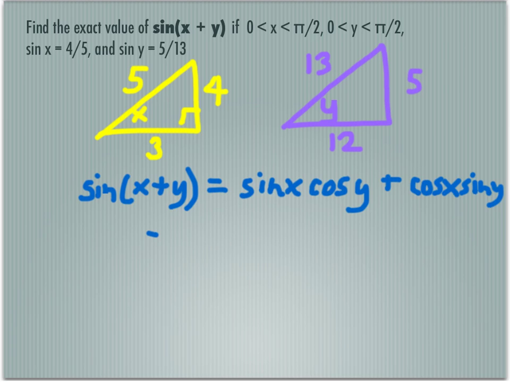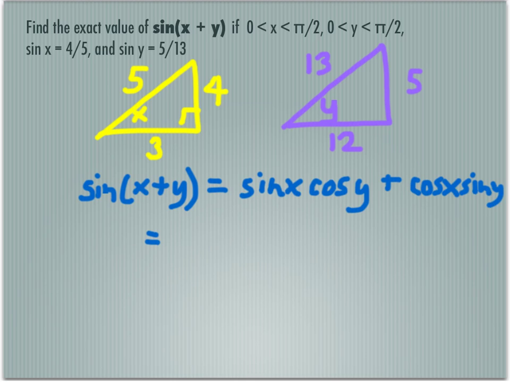Now I simply look on my triangles here and fill in the appropriate values. And an important thing to consider is, since both x and y are in the first quadrant, I know that all my answers will be positive. That won't always happen as we look at some other examples, especially in your assignment.